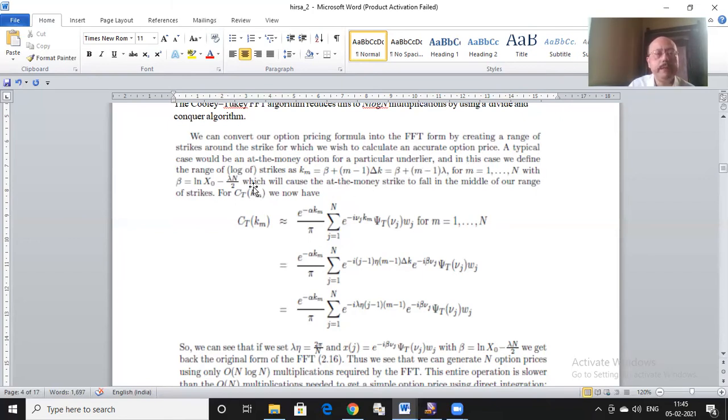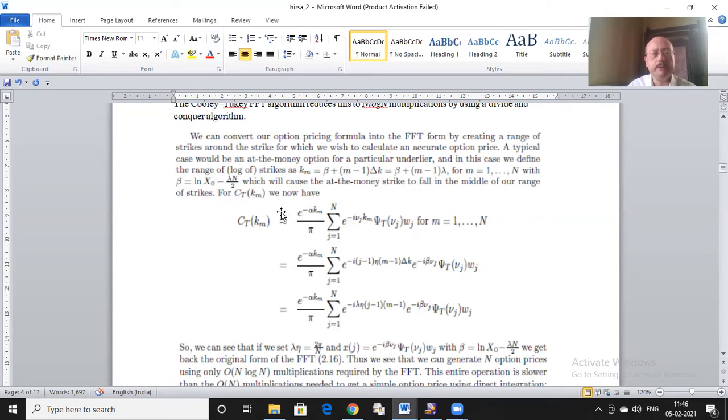So in this case, we'll define the range of strikes in the log scale in the following way. We'll take k_m as one particular log strike as beta + (m - 1) delta K, or beta + (m - 1) lambda, with beta equal to log x0, the day zero price, minus lambda N by 2. So we are dividing the whole interval into delta K length pieces, and we are trying to make the midpoint.